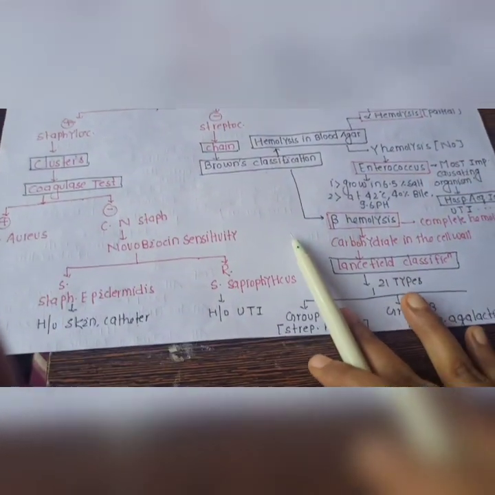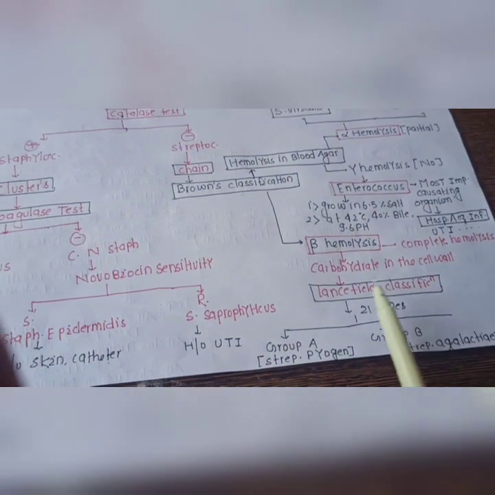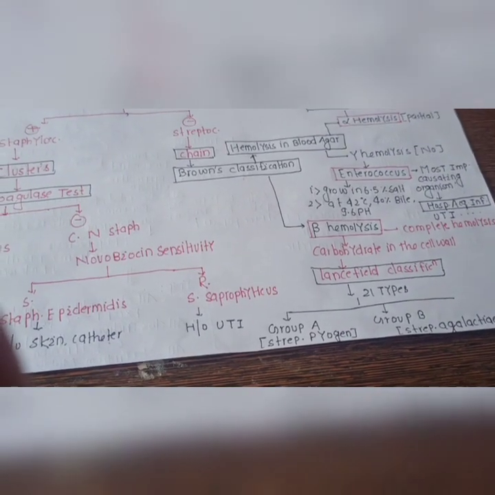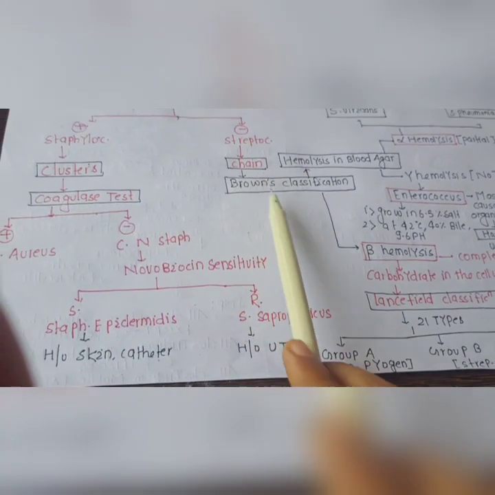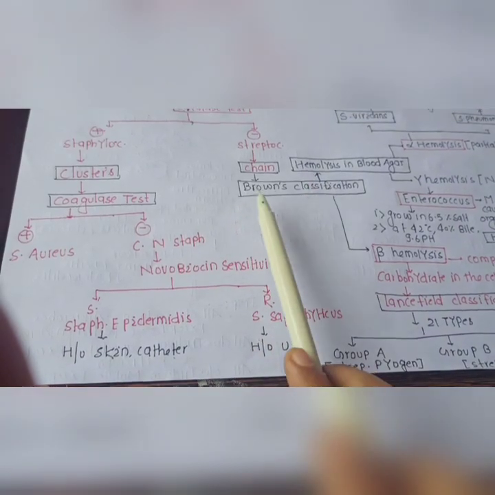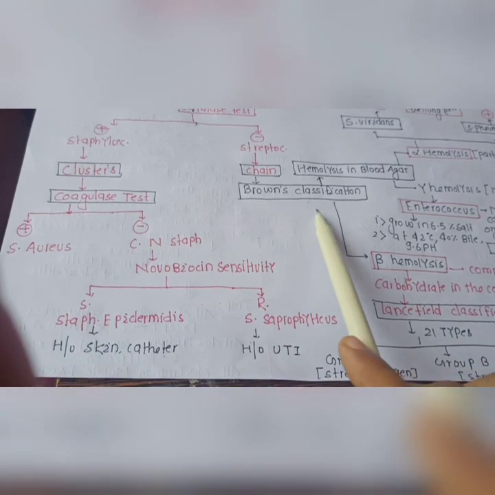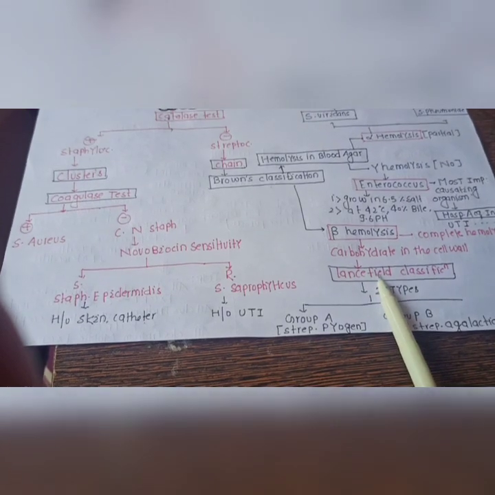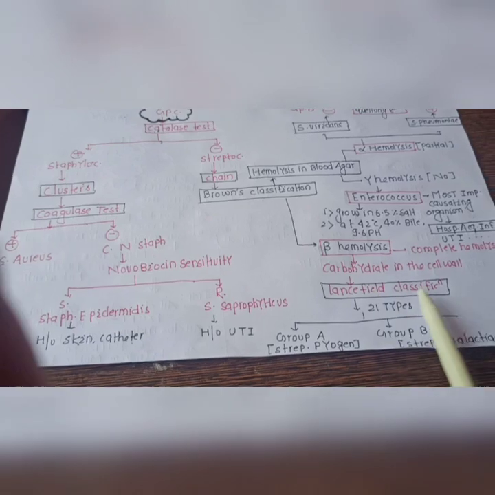Usually bacteria grow at a neutral pH, but some exceptions are very important. We will study them later, and one important one, Enterococcus, grows at 9.6 pH. And next, beta hemolysis, which undergoes complete hemolysis. According to the carbohydrate in the cell wall, we use the Lancefield classification. So in Streptococcus we study two classifications. First is Brown's classification, based on hemolysis in blood agar, and Lancefield classification, based on carbohydrate in the cell wall.